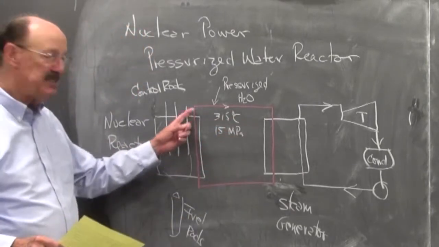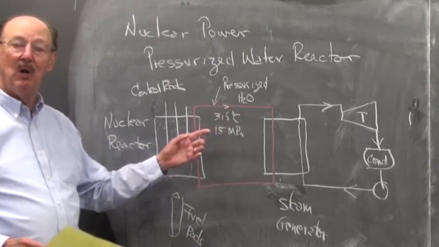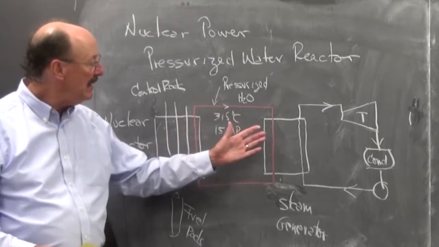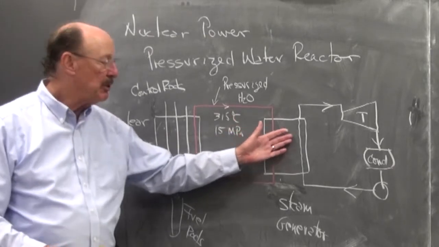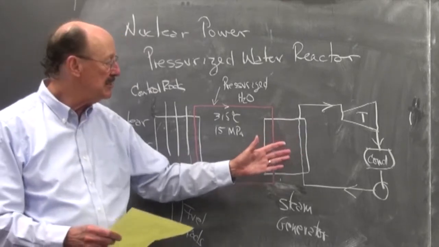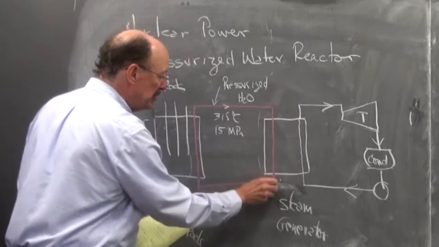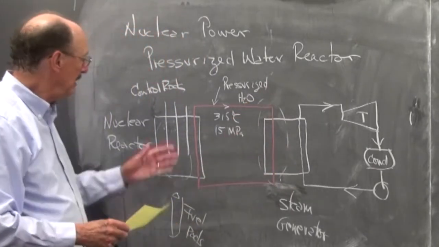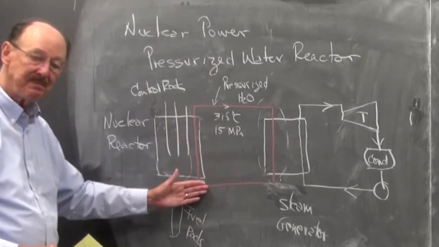So I have this leaving the nuclear reactor, and then I have to get rid of the heat somewhere. What better place to get rid of the heat than to have it be used as an energy source to create steam here on a vapor power cycle. So here's the steam generator. My energy source is the coolant from the nuclear reactor.